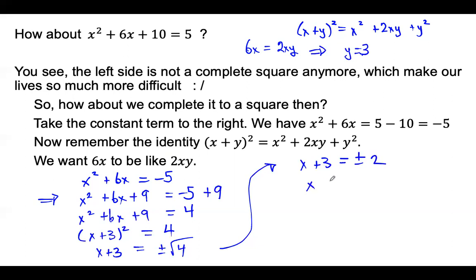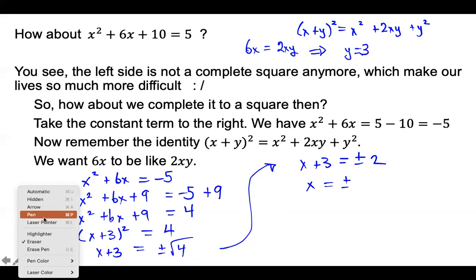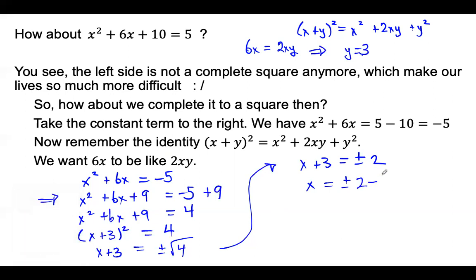Subtract 3 from both sides. And you get x is equal to 2 minus 3, negative 1. And the other x is going to be negative 2 subtract 3, which is negative 5. So those are the solutions.